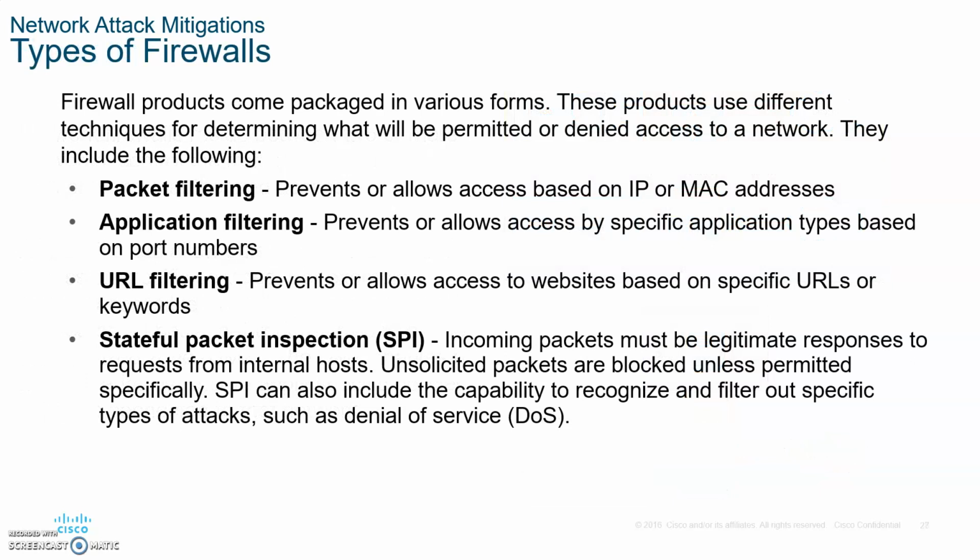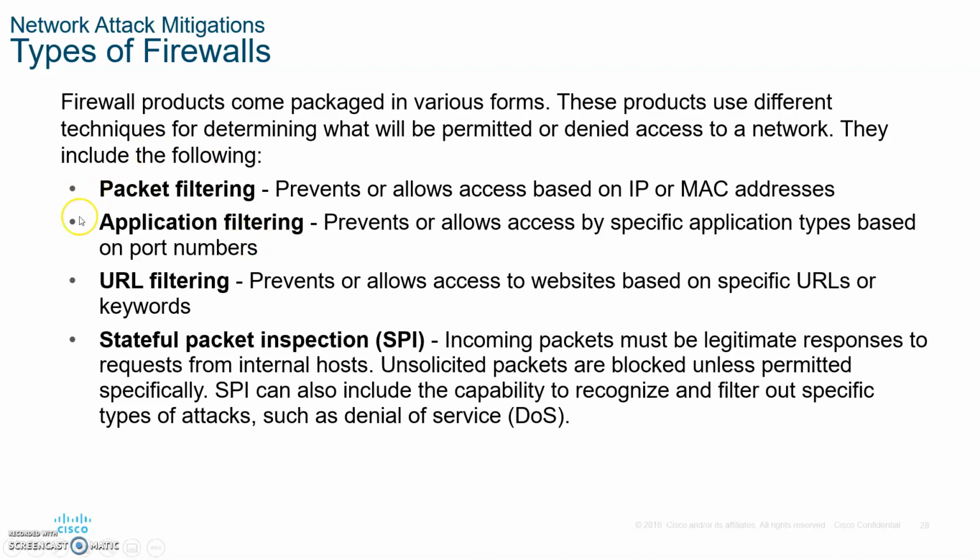All right, when it comes to the different types of firewalls, please write these down: packet filtering and application filtering. Packet filtering, like I talked about, is like a security guard who looks at your IP or MAC addresses, or even your port number depending on the application, and will either deny you or permit you to come in.